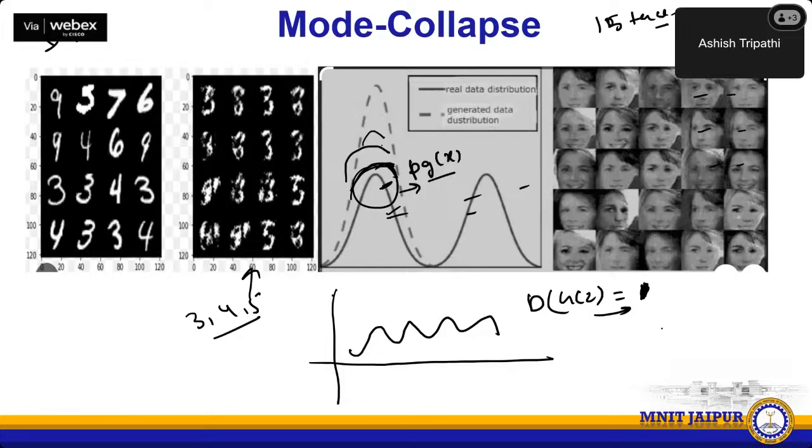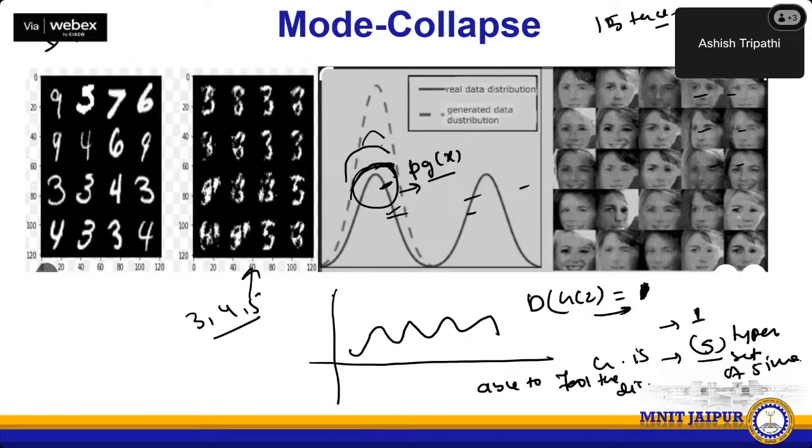So either it is going to generate one type of image, or it is going to generate 5 types of images, because from this set of 5 images, generator is able to fool the discriminator. So this is called the mode collapse problem.